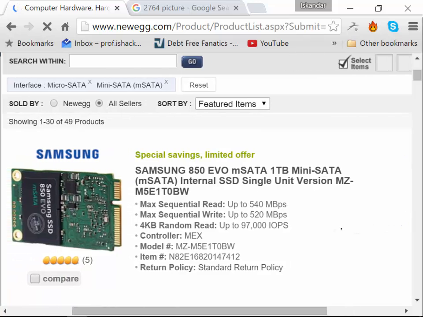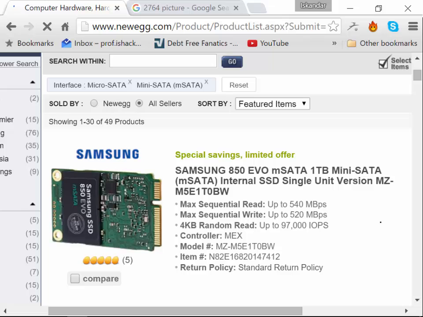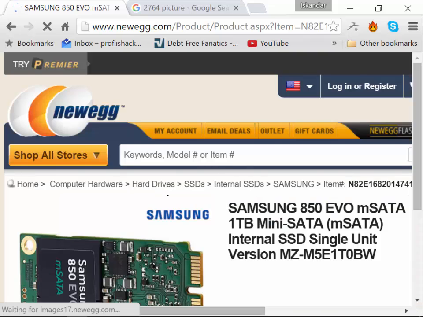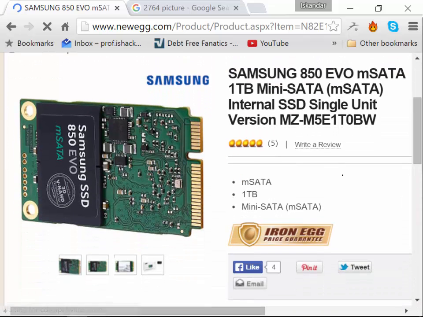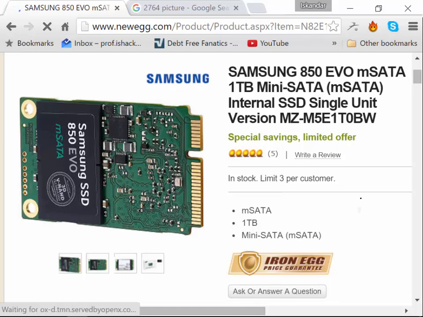This is a 1 terabyte solid state drive. It's kind of hard to show how big it is on this slide, but I'd say it's about 3 centimeters by maybe 10 centimeters.